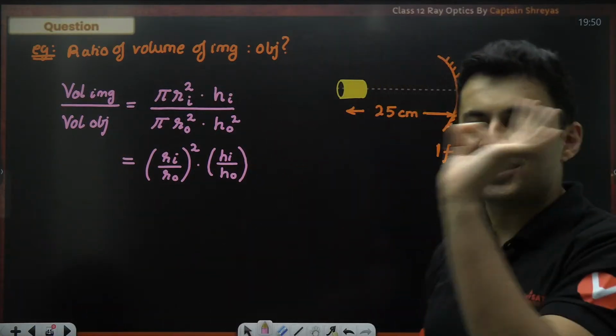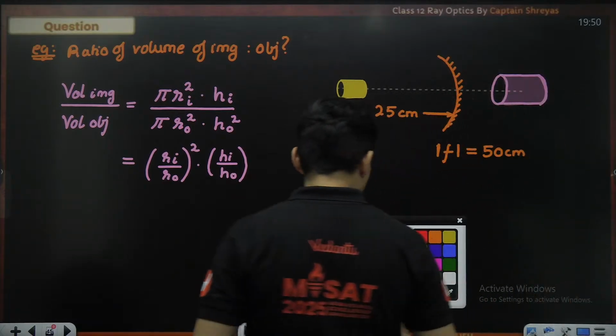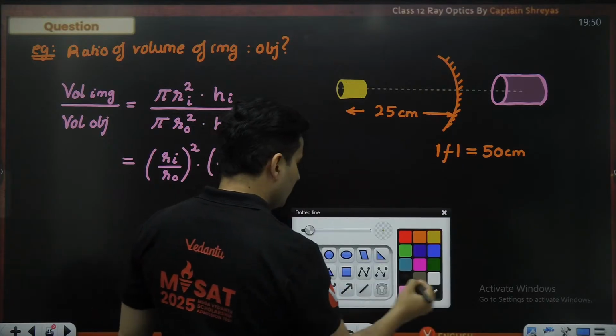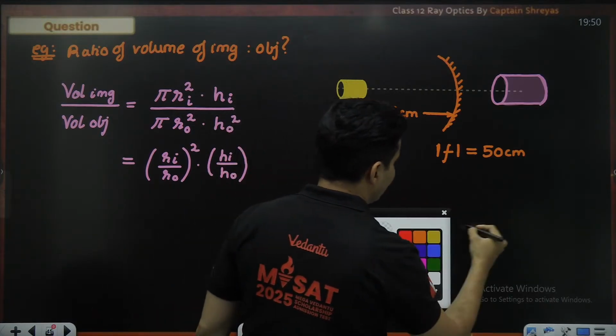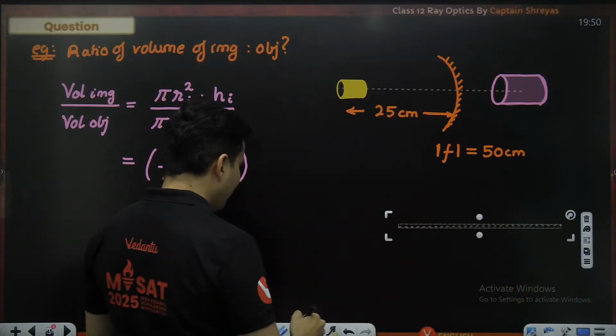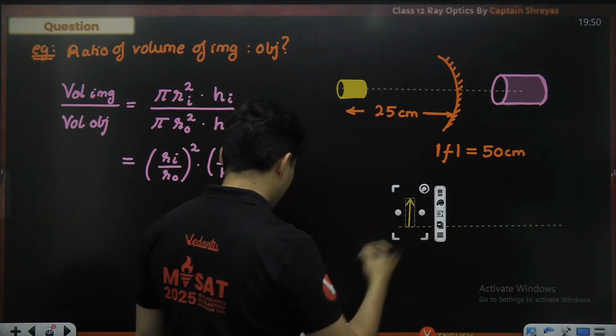Now see the interesting part over here. Where is the radius? Observe carefully. This is our principal axis, isn't it? See where the radius actually is. The radius is like this.